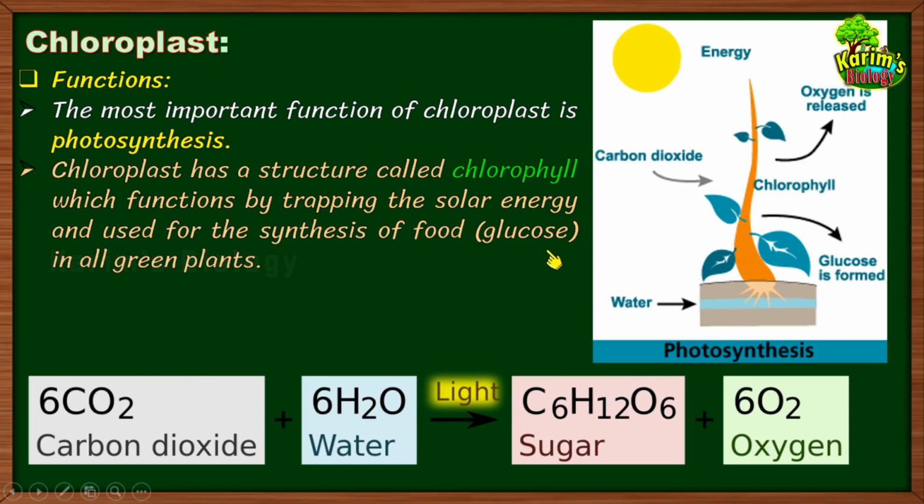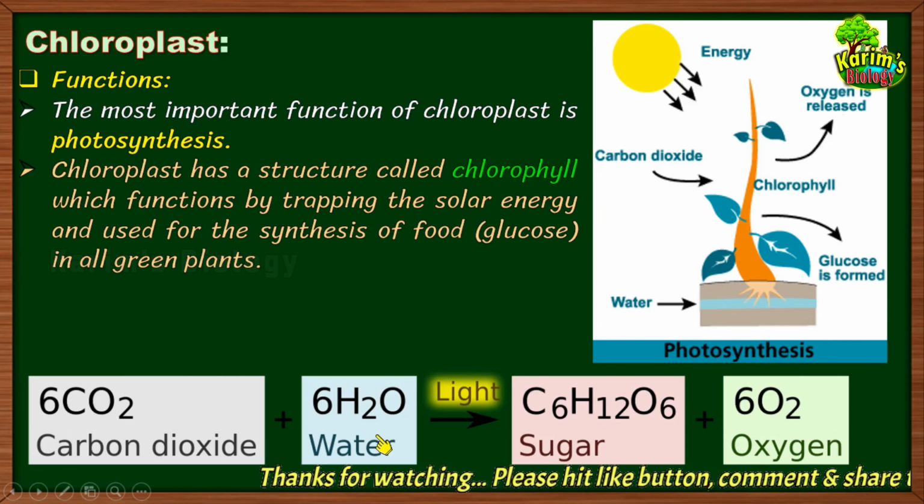Okay, remember one point. For the plants to prepare the food material, they need raw materials. They need carbon dioxide, they need water. In addition to that, they also require one energy source to perform the photosynthesis and to prepare food. And that energy source is available through the sunlight. Now the question is how that energy is captured by the plant.